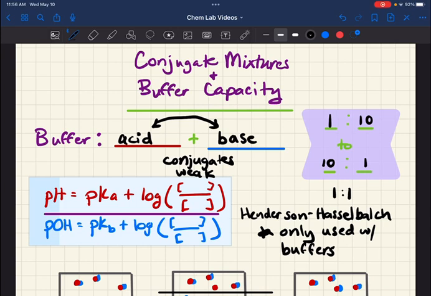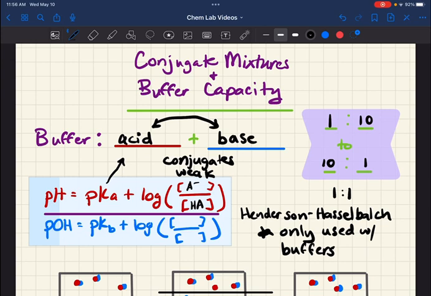All right, so the part that I've left blank here in the formula, if we're thinking of it from an acid context, we'll be using the pKa of the weak acid. So I'm just going to draw an arrow to that. The pKa of the weak acid plus the log of the conjugate base, A minus concentration, over the weak acid concentration, HA.